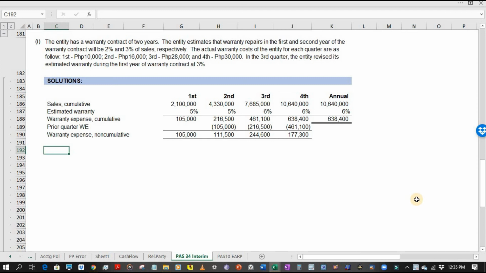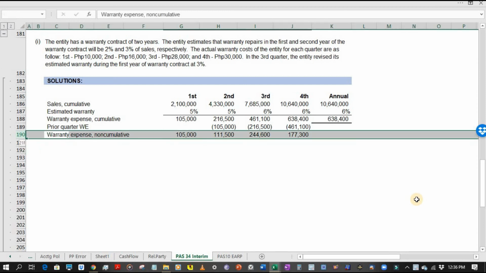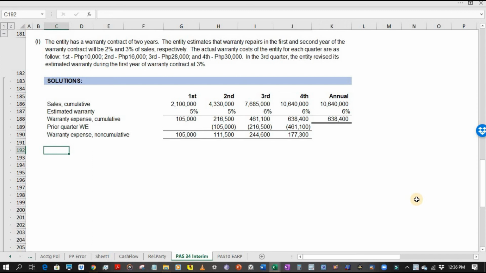of estimated warranty liability. Again, this is the amount that will appear in the non-cumulative income statement for each quarter. And we are going to compute for the liability that will appear in the statement of financial position. So to start with, we have a warranty expense recognized in the first quarter for 105,000 pesos.